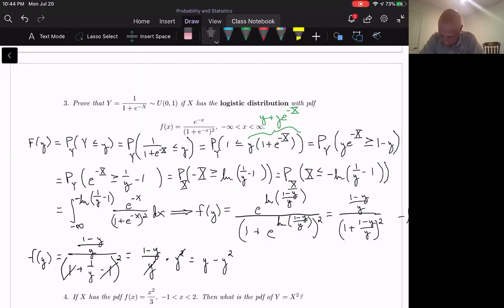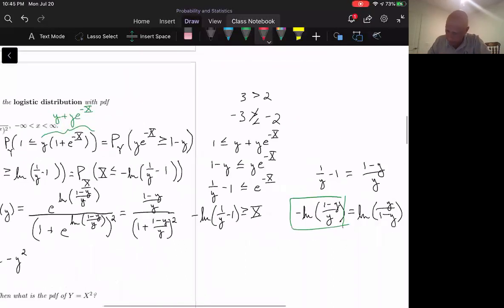And what is missing is we didn't apply the first fundamental theorem of calculus completely yet. So we did substitute in for x, but we didn't multiply by the derivative, remember? And so we also need to multiply by the derivative of the negative natural log of 1 over y minus 1.